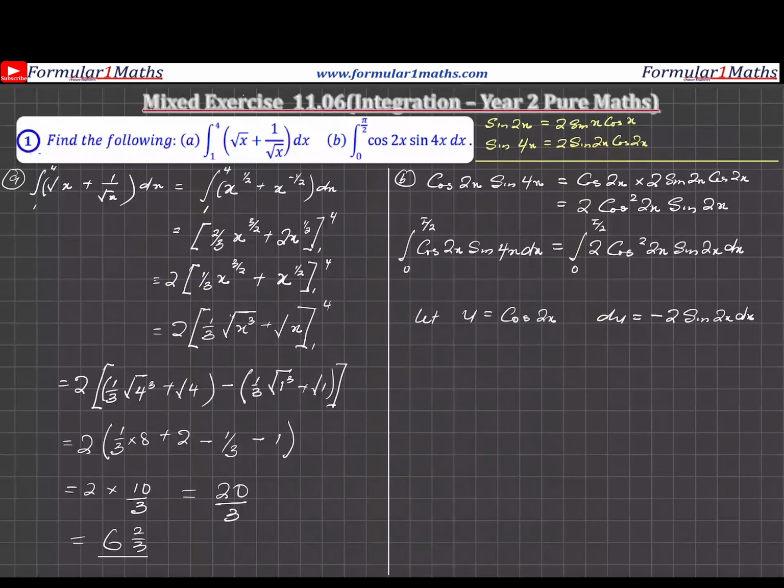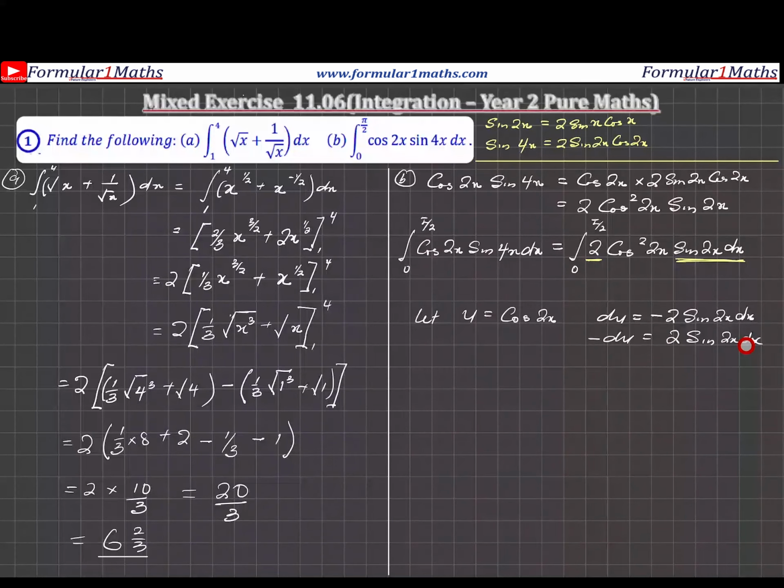We can now see that this 2 here and the sine 2x dx can be replaced by minus du, because we just found out that minus du is equal to 2 sine 2x dx.